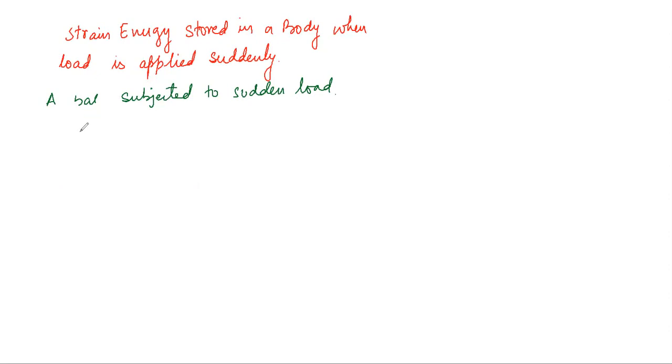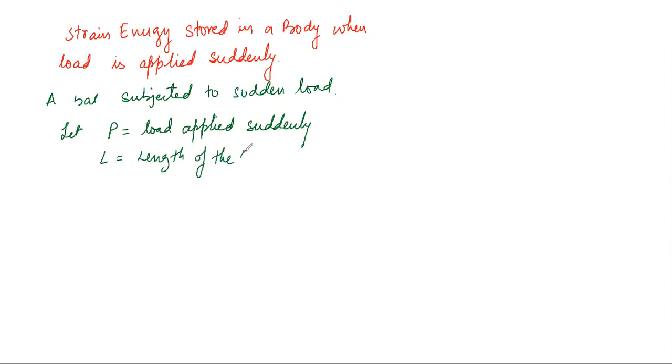So let's define some of the terms, right? Let P be the load applied suddenly, right? L is defined as the length of the bar. A is the area of the cross section.